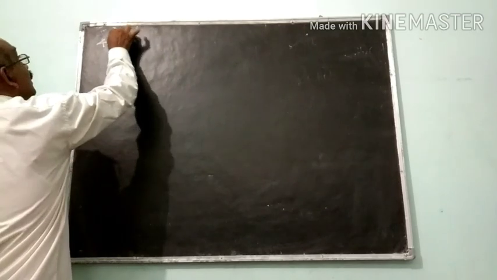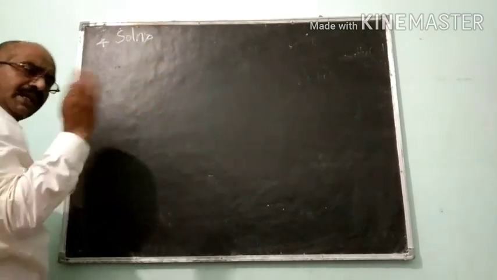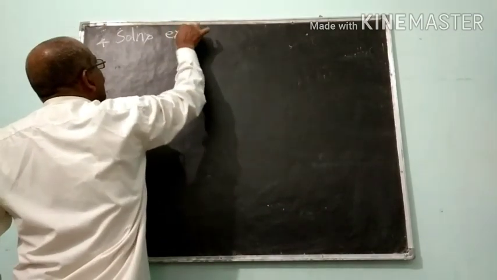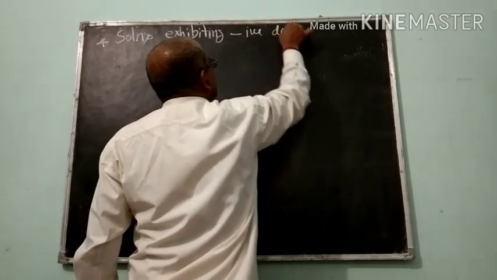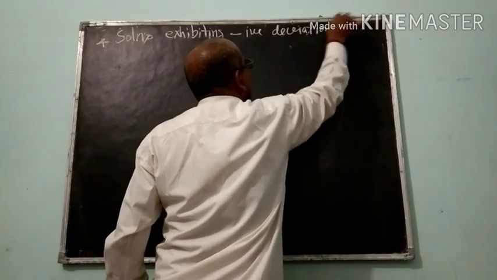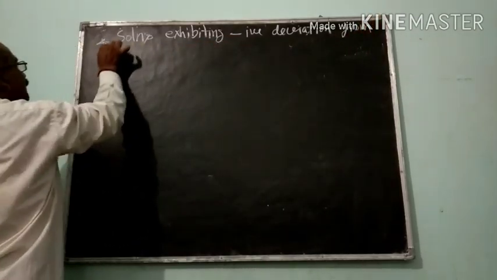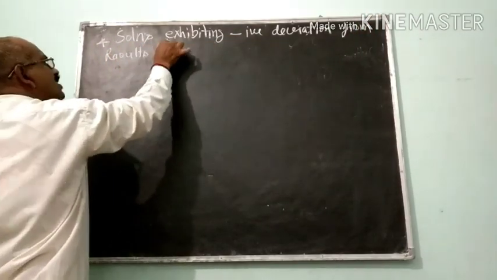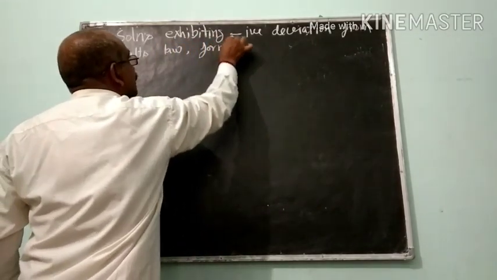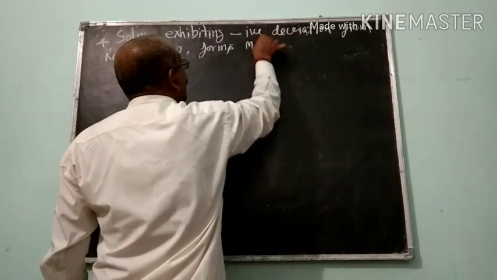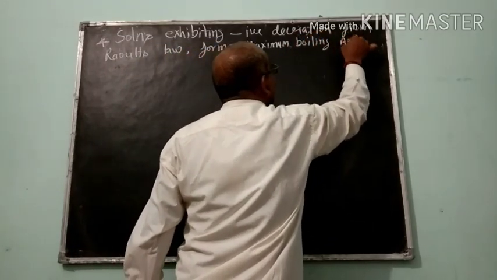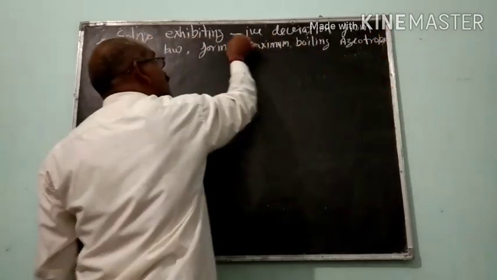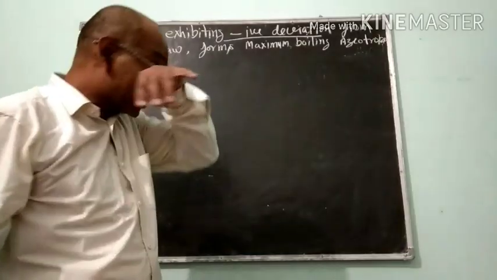Here remember that the solutions means liquid mixtures which exhibits negative deviation from Raoult's law, they forms maximum boiling azeotrope. तो सॉल्यूशंस जो नेगेटिव डेविएशन शो करते हैं राउल्ट्स लॉ से, दे फॉर्म्स मैक्सिमम बॉइलिंग एजियोट्रॉप.